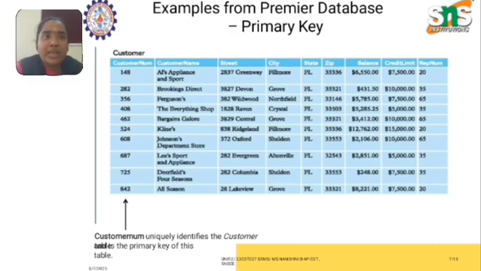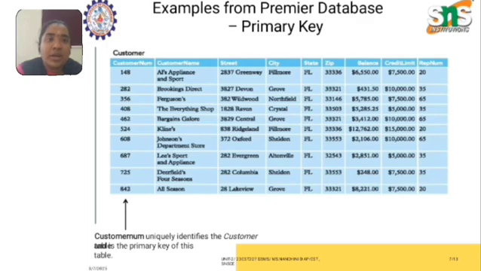Example from the Premiere database, primary key. For example, we have seen the customer number, customer name, street, city, state, zip, balance, credit limit, rep number. Suppose I am giving a street name and I need to take the customer details. It is somewhat difficult because 282 is a street number associated with Evergreen and also with Columbia.